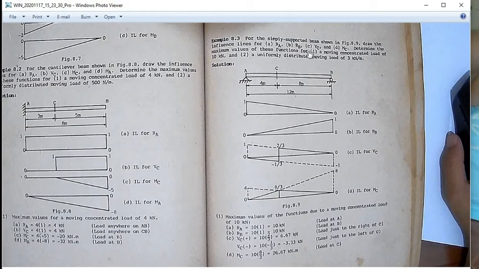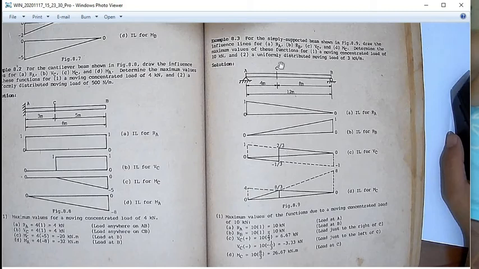And then, shear at C. Paano yan? Shear at C would be the combination of these two reactions, okay? So, mapapansin nyo, ito yung triangle, tapos, ito naman yung triangle due to B. Since they are both derived from unit loads, ang idea nito ngayon, naglagay tayo ng unit load dito sa ibabaw ng C. Okay?